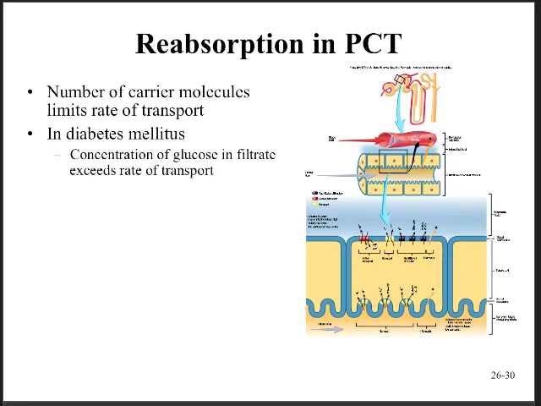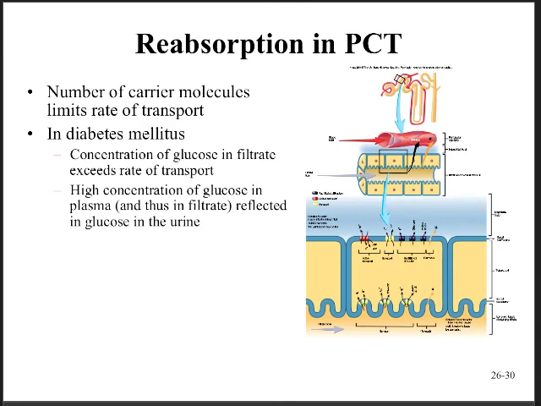In diabetes, what happens is that due to the lack of sugar control in the body, either because the insulin signal isn't produced or the insulin signal isn't acknowledged in most cases, we overload the filtrate with glucose and we can't get all the glucose out of the filtrate and back into the blood, so some of it is going to remain in the tubule fluid.